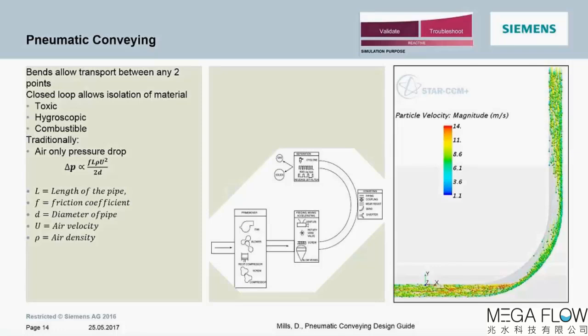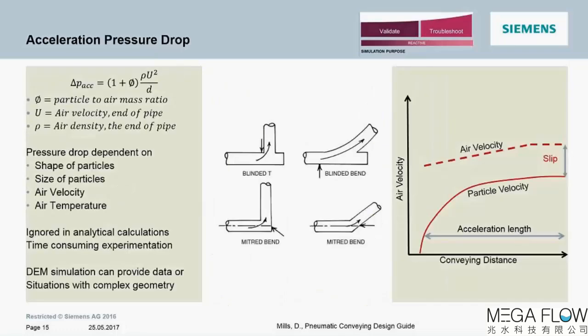Traditionally, the air side only pressure drop is calculated using typical correlations or formulas. However, the trouble with such a calculation is that there is a significant amount of pressure drop that is realized because of the particles that are present, especially which depends on the shape and the size of the particles, as well as air velocity and temperature.